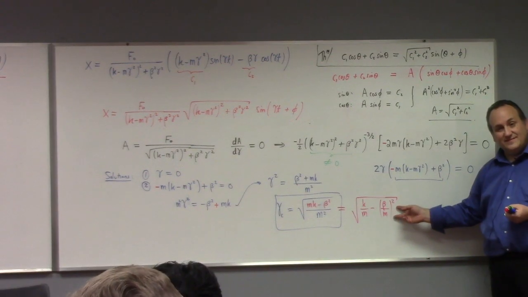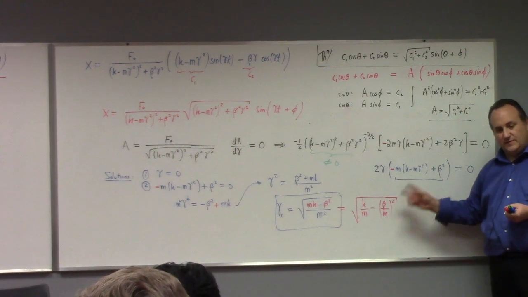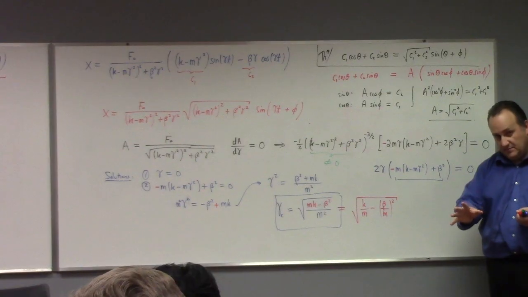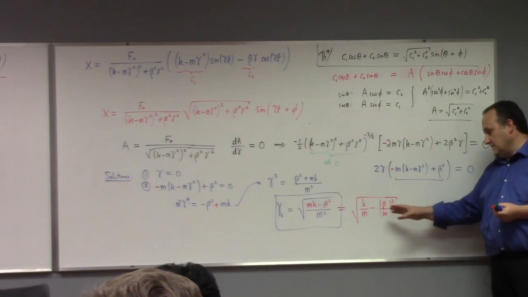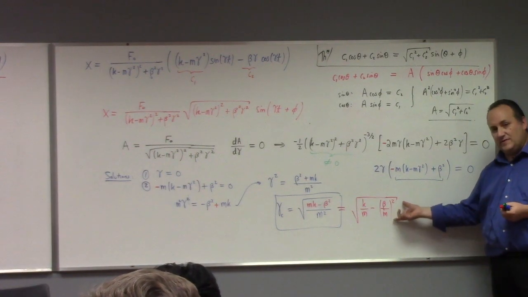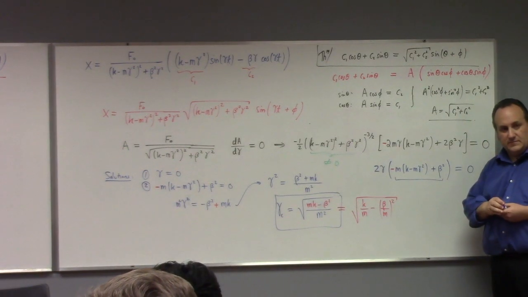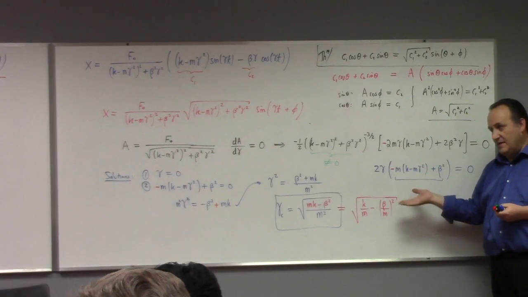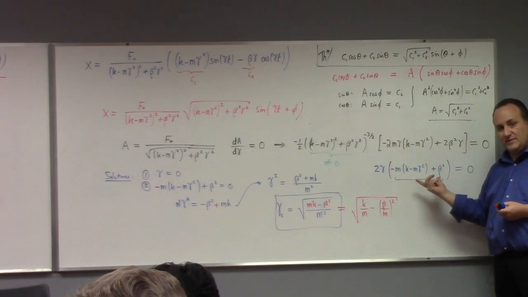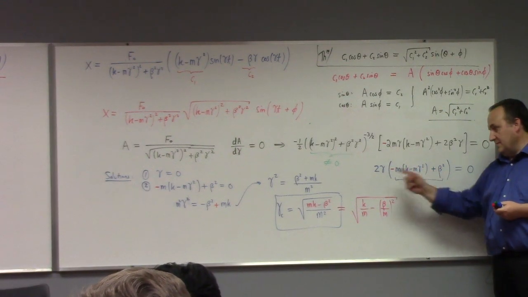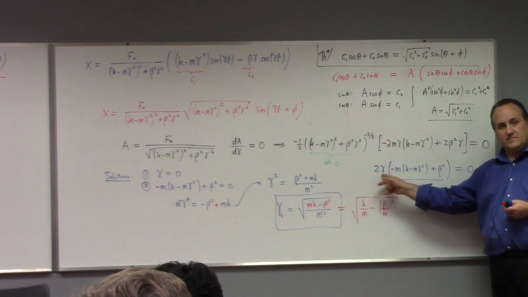Overdamped? No. I mean, suppose you have an underdamped system, but you choose values for k and m and beta such that this works out to the square root of a negative number. What does that mean? The math has it all here. The math says if this is maximized, it's one of two cases: either gamma is 0 or this is 0.